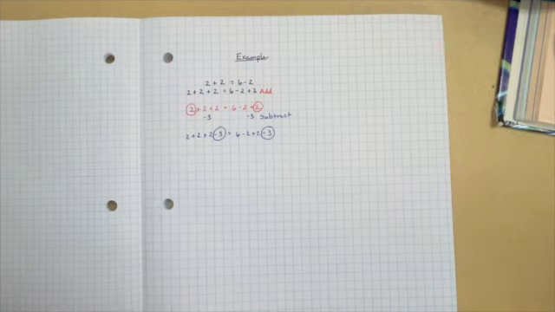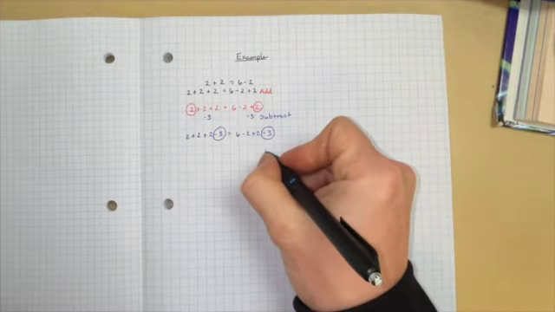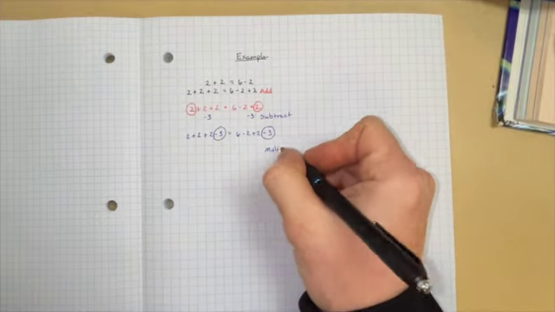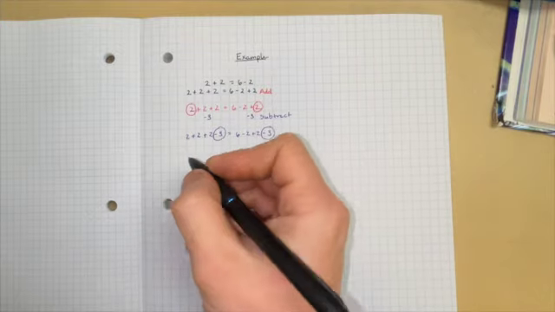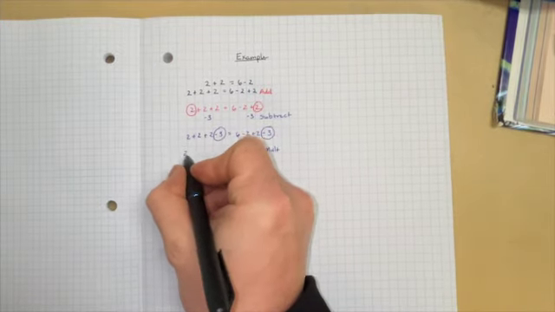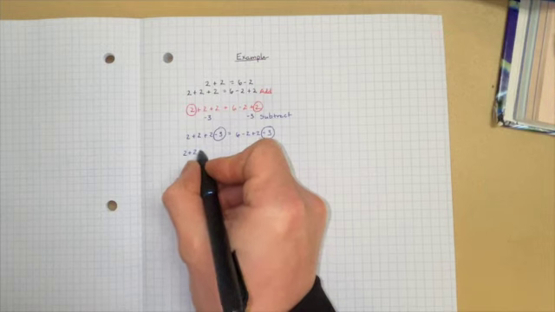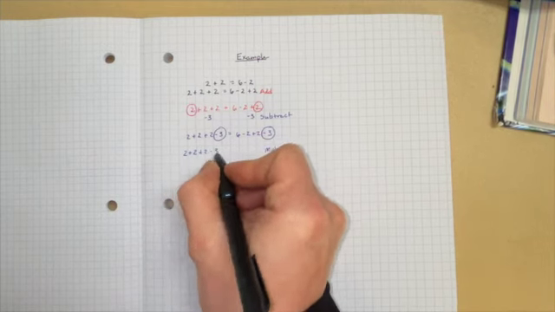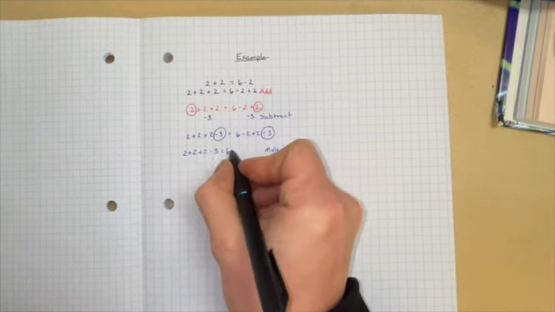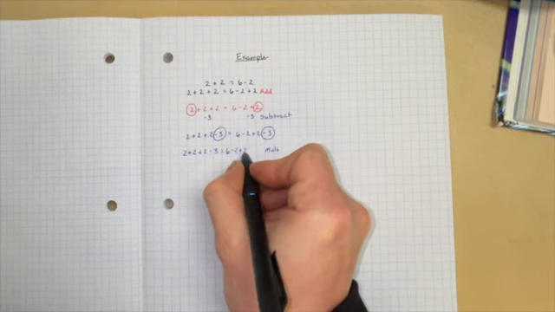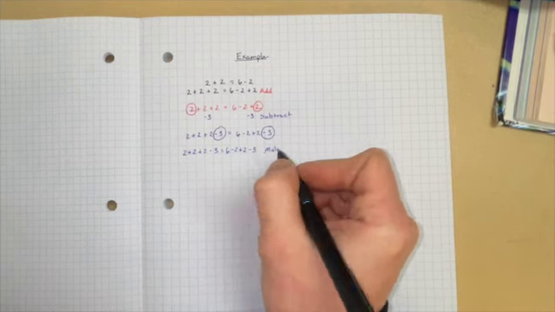All right, now we'll do some multiplication. So I'll write 2 plus 2 plus 2 minus 3 is equal to 6 minus 2 plus 2 minus 3.